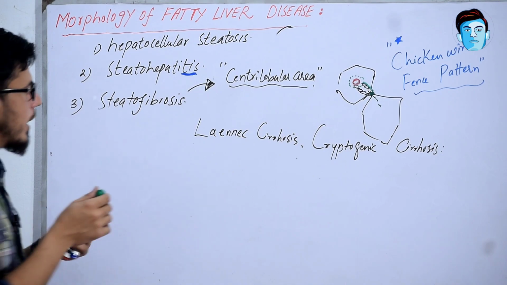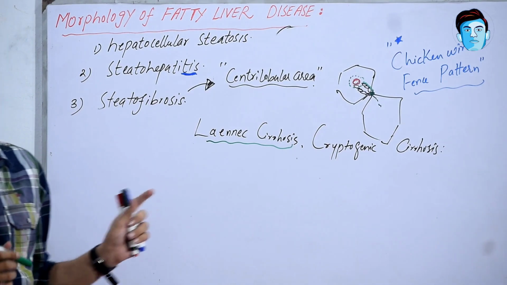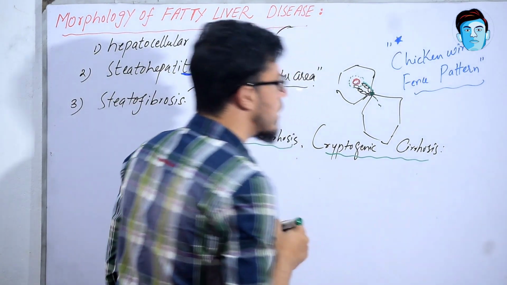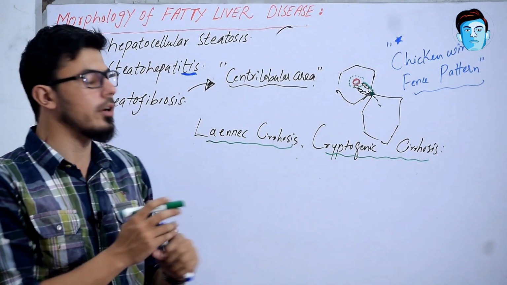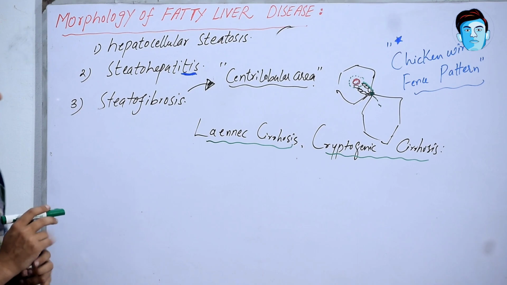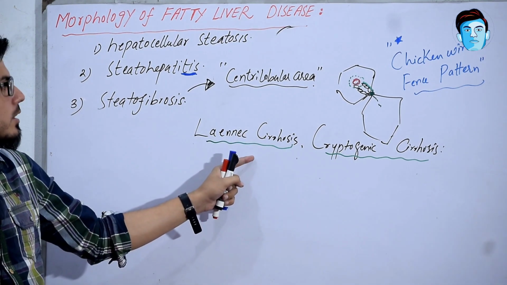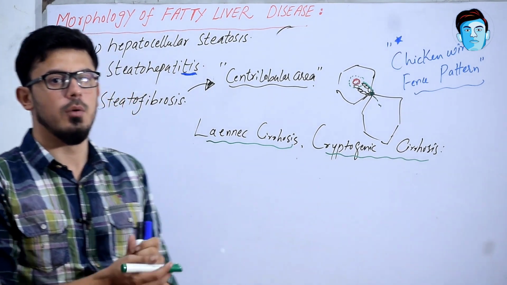And the most important point is that Laennec cirrhosis is associated with alcoholic fatty liver disease. And cryptogenic cirrhosis is associated with non-alcoholic fatty liver disease. It is very important. I'll repeat it once again. Laennec cirrhosis is associated with alcoholic fatty liver disease, while cryptogenic cirrhosis is associated with non-alcoholic fatty liver disease.